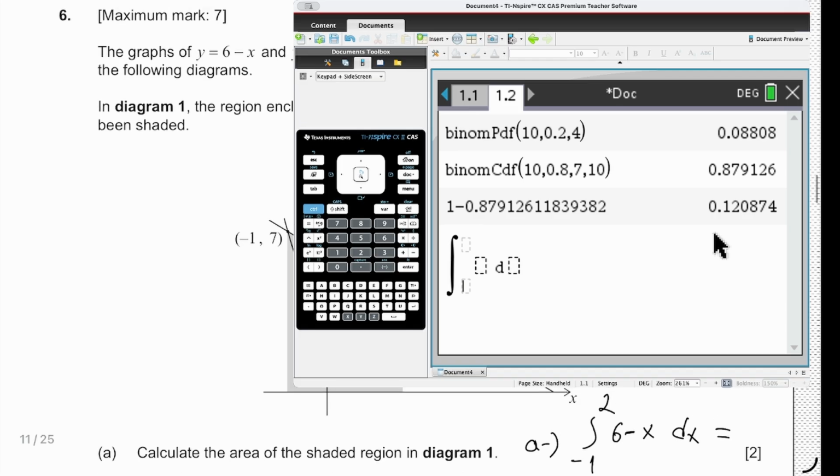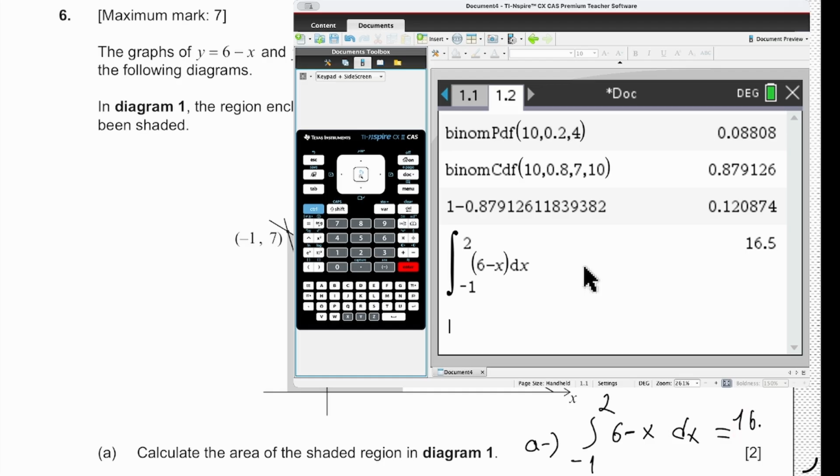Okay, here is our integral. From -1 to 2, 6 minus x dx. Control enter, 16.5. 16.5 is our area.